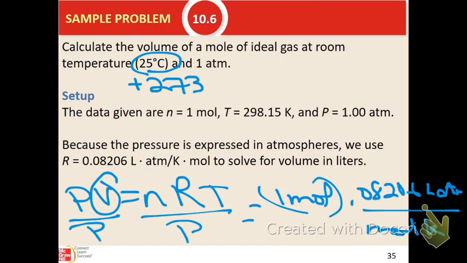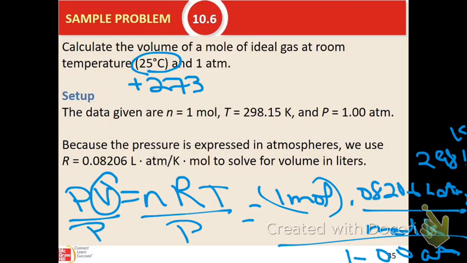My temperature is 298.15 Kelvin, and then on the bottom I'm going to have my 1.00 atmospheres.